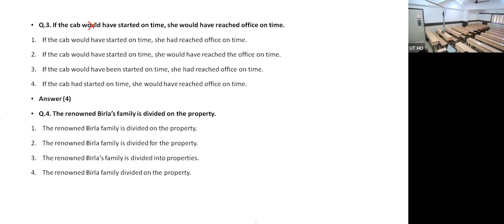Yes, well, there's only one. Now, see, if you look at 2, for the property would be wrong. Is divided into properties is wrong. The renowned Villa family divided, the verb is missing. So this is the only correct answer.